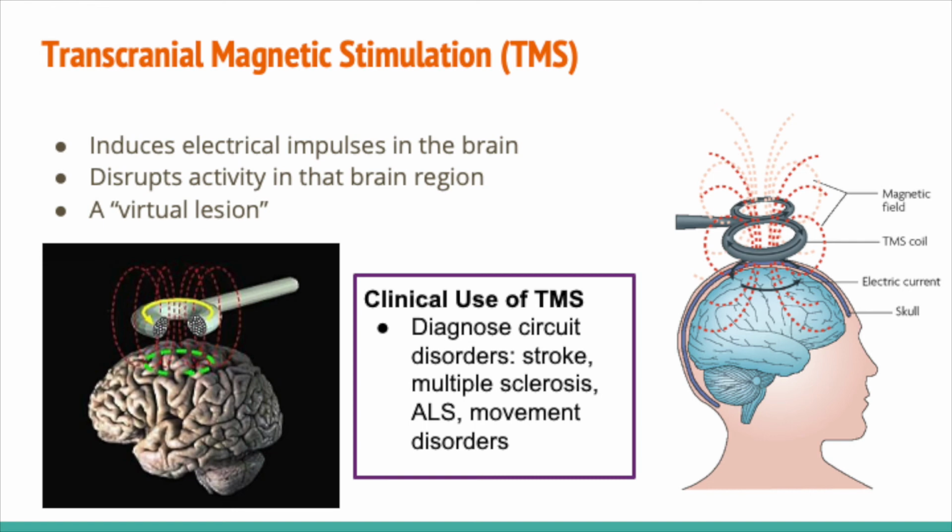These virtual lesions actually can help us a lot in the clinic, in that by using TMS, we can diagnose circuit disorders such as stroke, multiple sclerosis, ALS, and movement disorders.